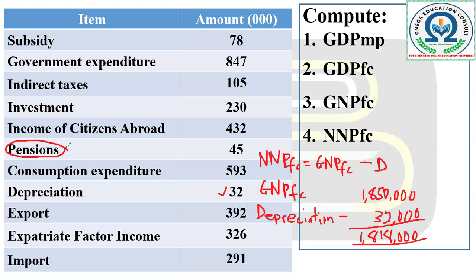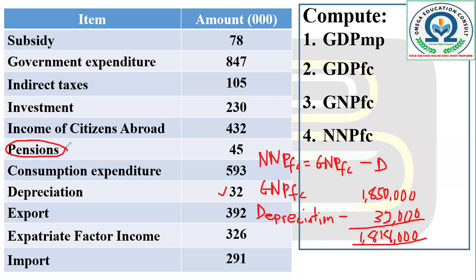Now, take note that national income refers to the amount of money generated or spent or gotten from current production of goods and services. Pension monies are excluded in the computation of national income. You neither add nor subtract because those who are receiving that amount of money are not contributing to current economic activity. So you leave it as it is.